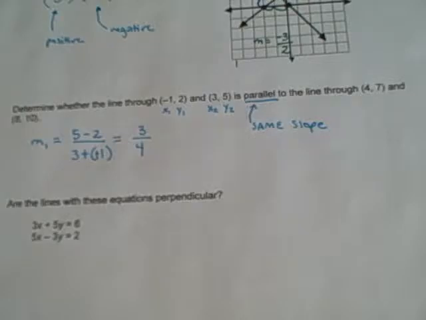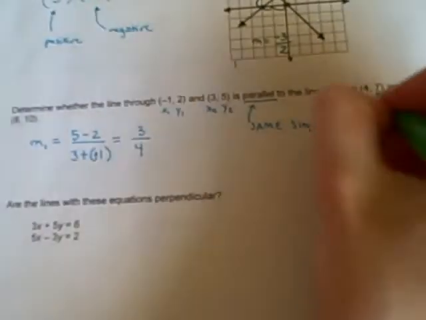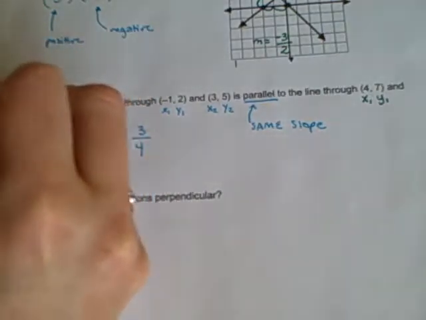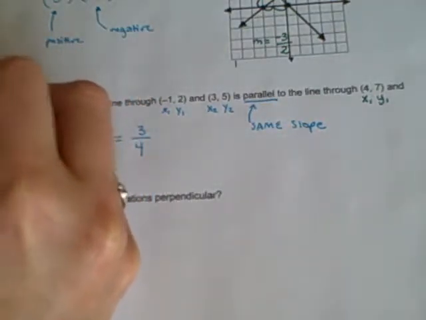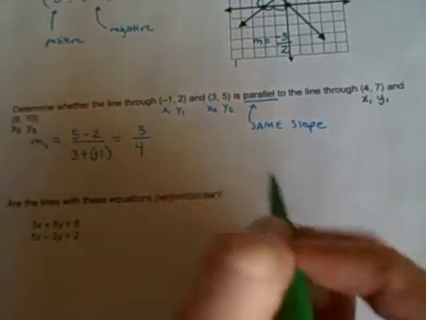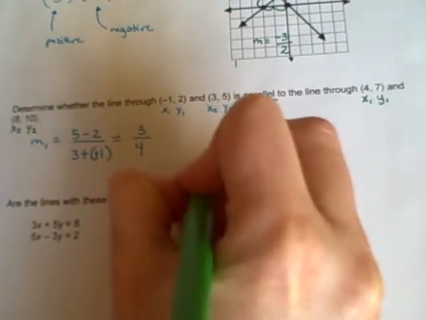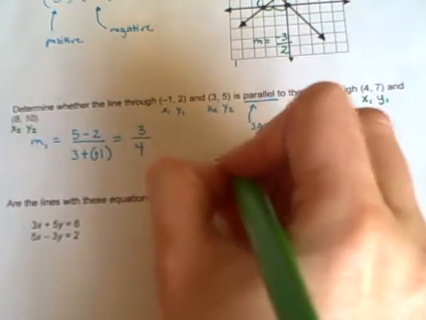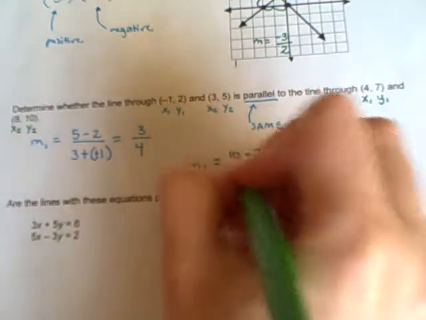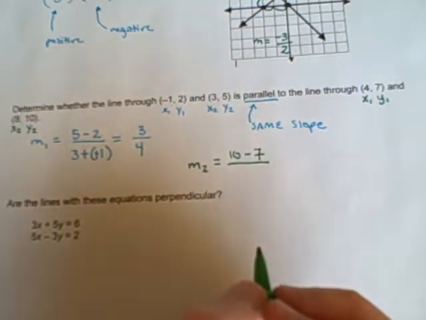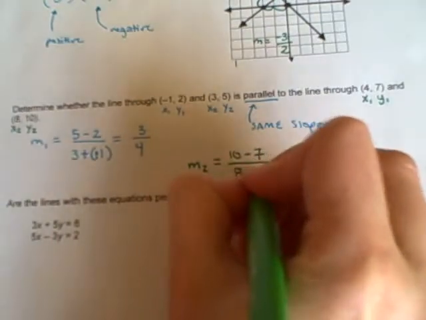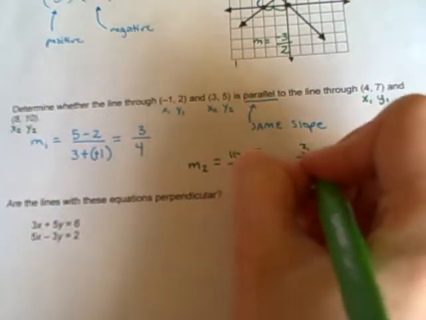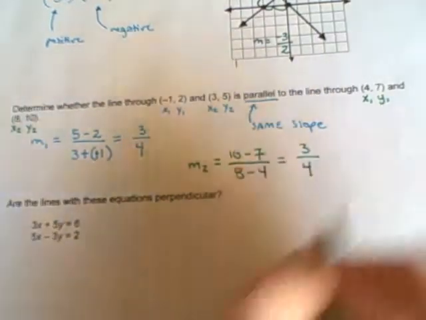All right, I'm going to use a different color for the second 2 points so we can see the difference in the slope. So we'll call the first point (4, 7) x1, y1, and the second point x2, y2. So when I calculate my second slope, call it m2, I end up with 10 minus 7, y2 minus y1, and 8 minus 4. 10 minus 7 is 3, 8 minus 4 is 4.